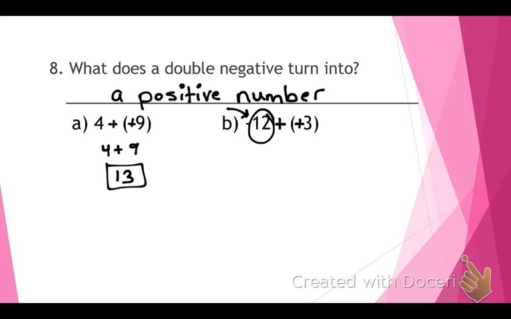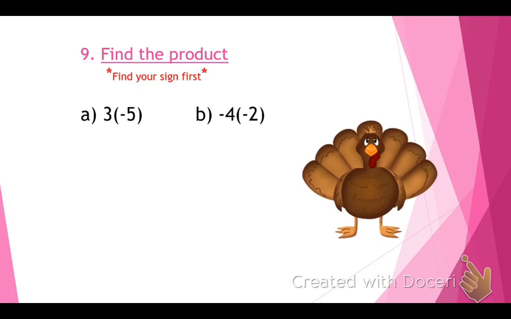So you will only turn the two negatives into a positive if there's no number in between them. Now, Alex, what will I rewrite that as? Negative 12 plus 3. And what's your answer? Remember, same sign, add and keep; different sign, subtract and take. So he subtracted and got negative 9. Any questions for Alex about that one? All right, I want you to go ahead and try A and B on your own.